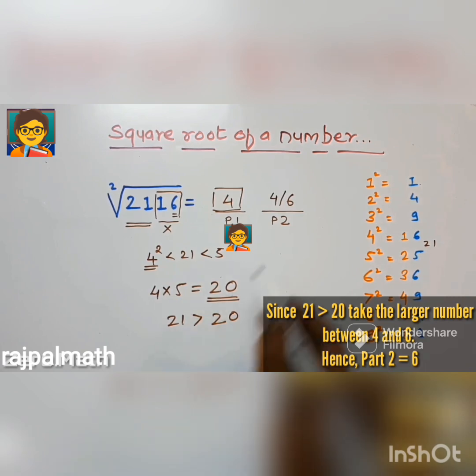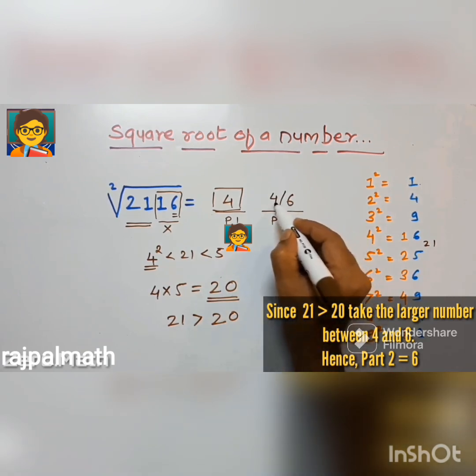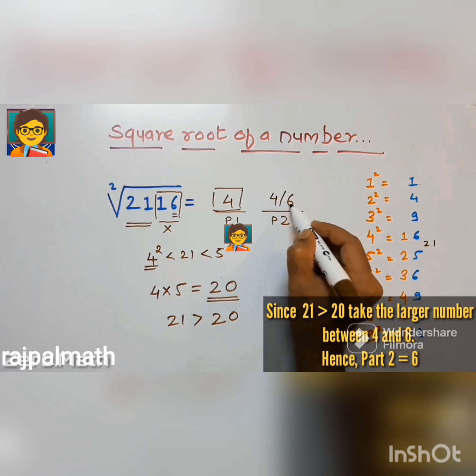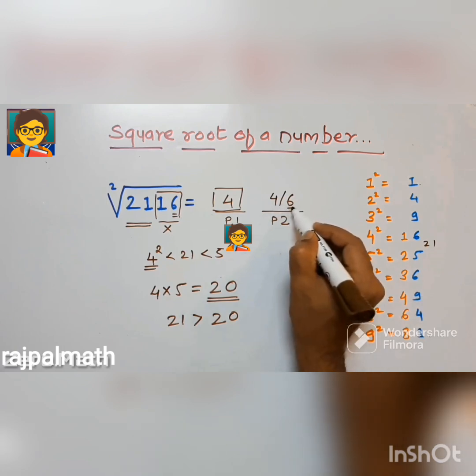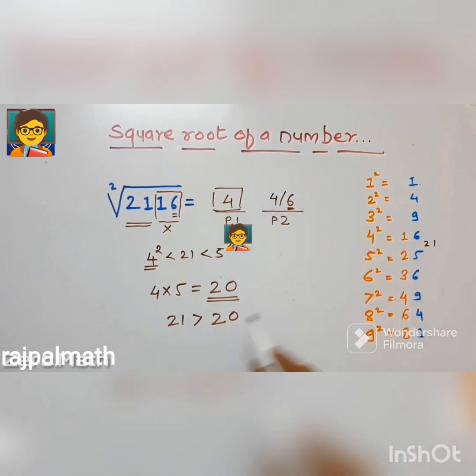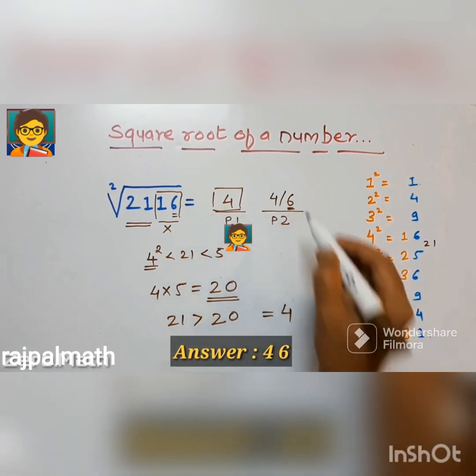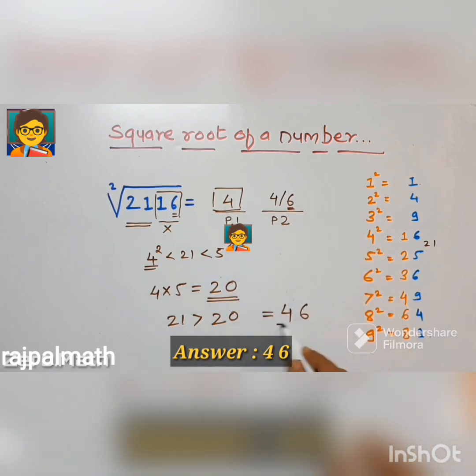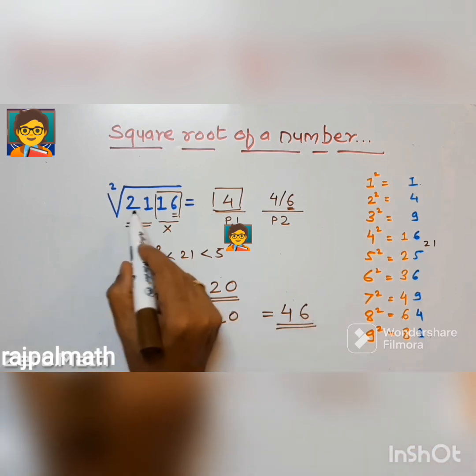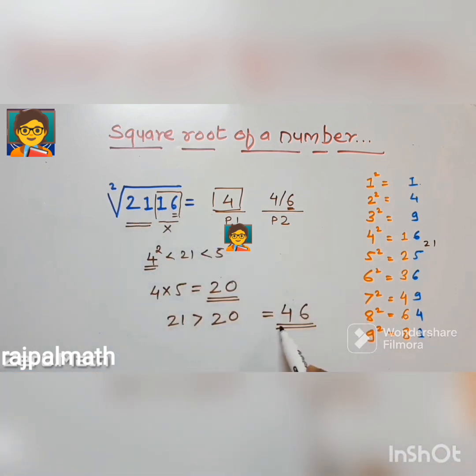Since 21 is greater, you are always going to take the greater digit of these two, 4 and 6. So the greater number is 6. My answer is 4 and 6, so the square root of 2116 is 46.